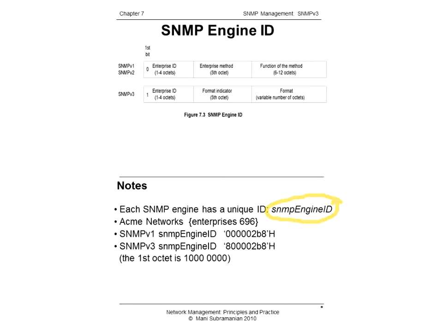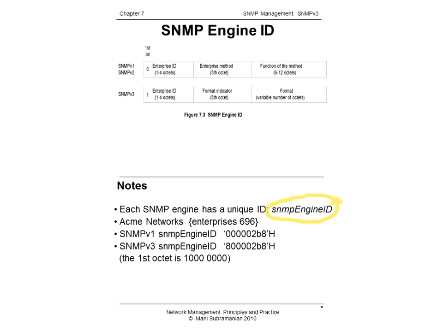Now you can see this figure 7.3. The first 4 octets in both formats are set to binary equivalent of agent's SNMP management private enterprise number.